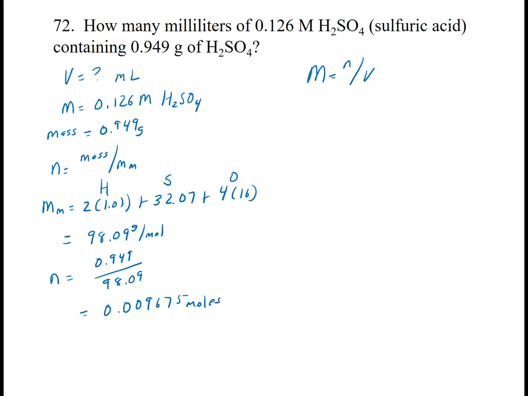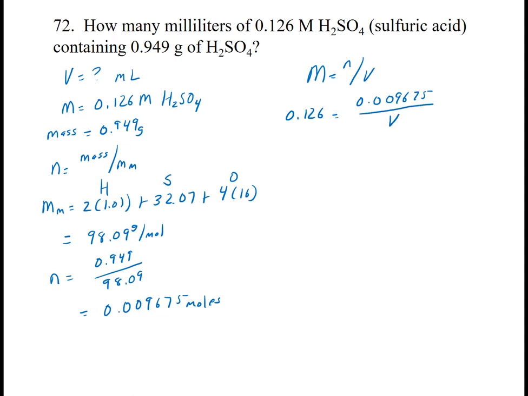Okay, now I'm going to plug in what I have. I have a molarity of 0.126. I have moles of 0.009675. So when it says not to round, you don't have to write down every digit your calculator gives you, but always one more than the least number of significant figures, divided by V.